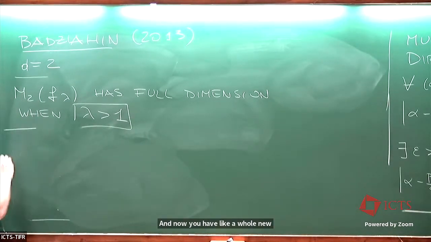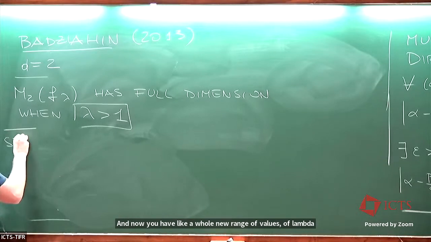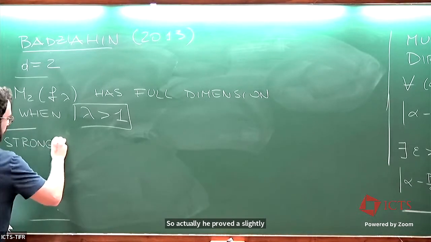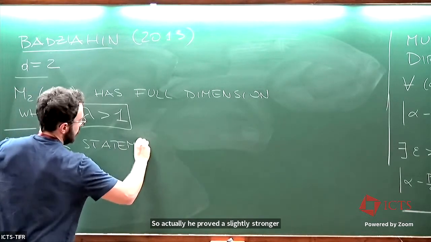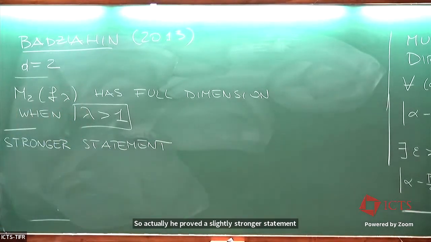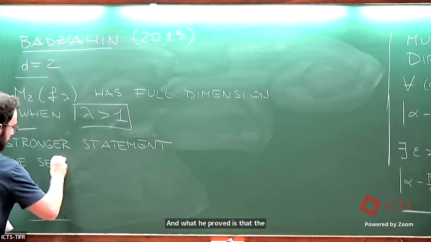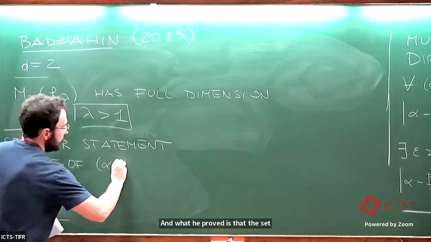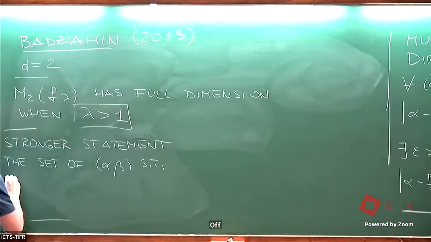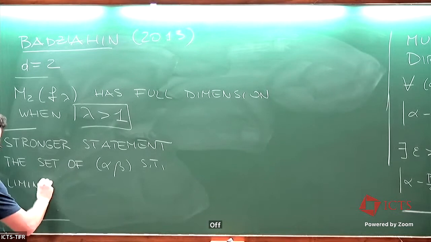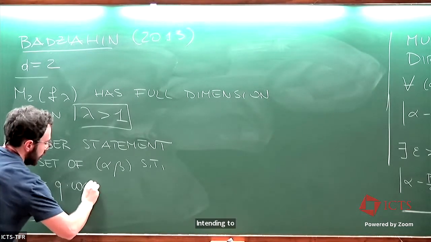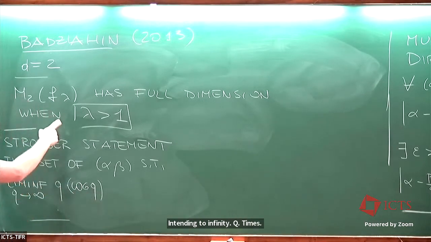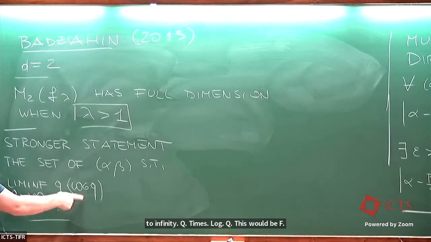Actually, he proved a slightly stronger statement. What he proved is that the set of alpha beta such that the limit as q tends to infinity of q times log q, this would be f1, but f1 is not good.